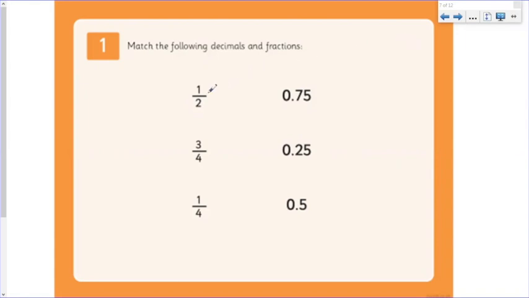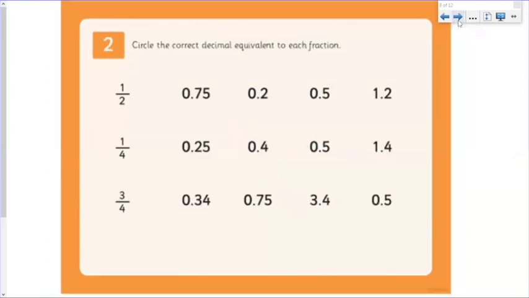Half is equivalent to 0.5. 3/4 is equivalent to 0.75. Remember those 75 squares out of the 100 that were coloured in. 1/4 is equivalent to 0.25. Well done. Let's have a look at the next slide.